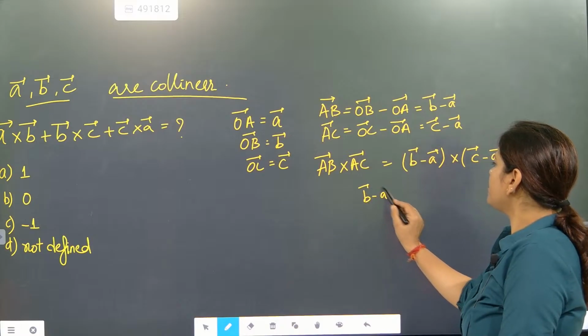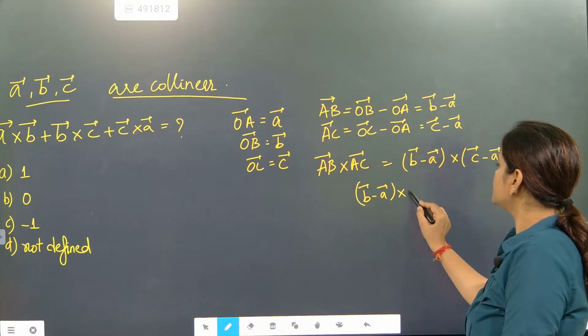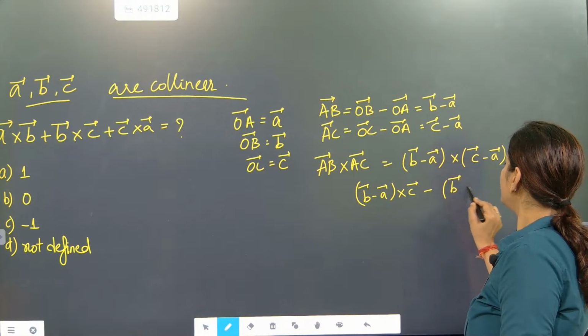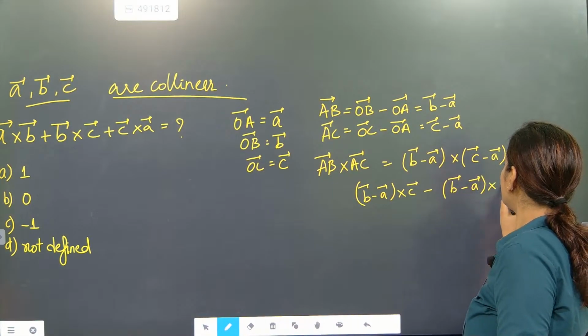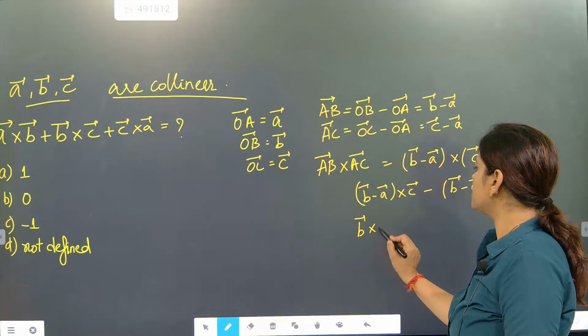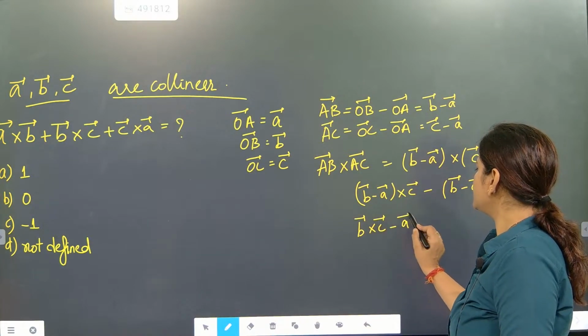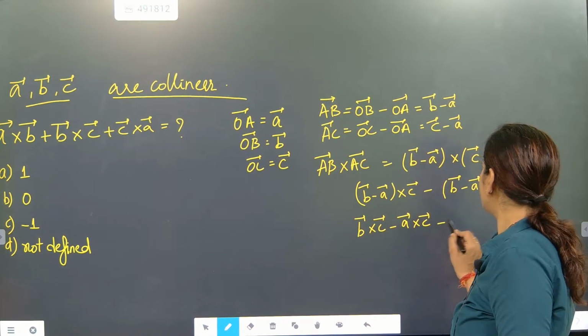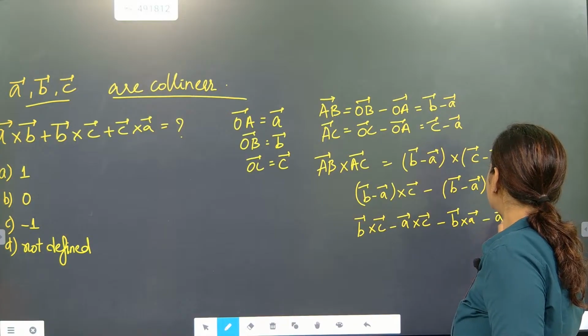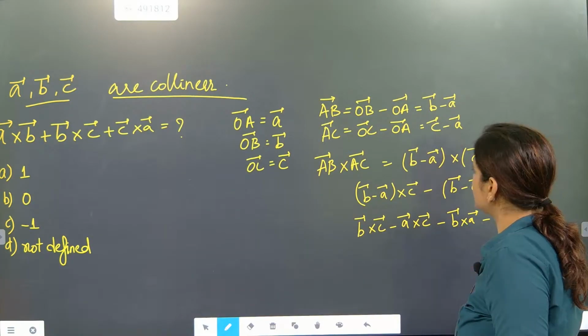So B vector minus A vector cross C vector, minus B vector minus A vector cross A vector. So it is coming B vector cross C vector minus A vector cross C vector minus B vector cross A vector minus A vector cross A vector.